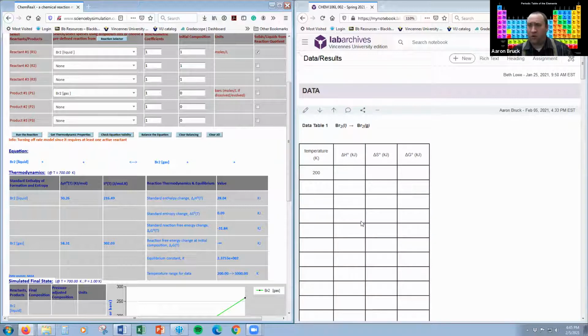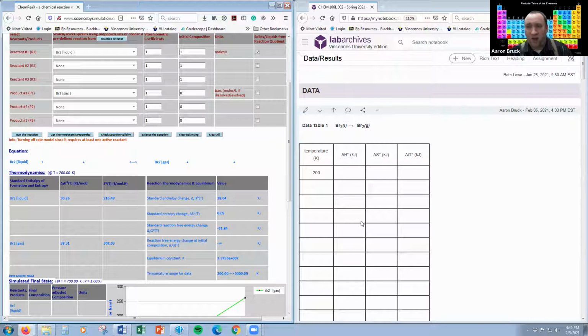So you're going to end up graphing this. So if you go for the points, try to pick a good spread from 200 to 700. Pick up a lot of data points in between so that your data are going to be very easy to see the trends.